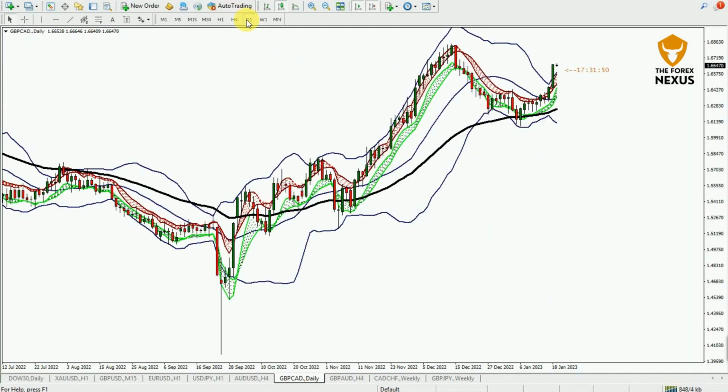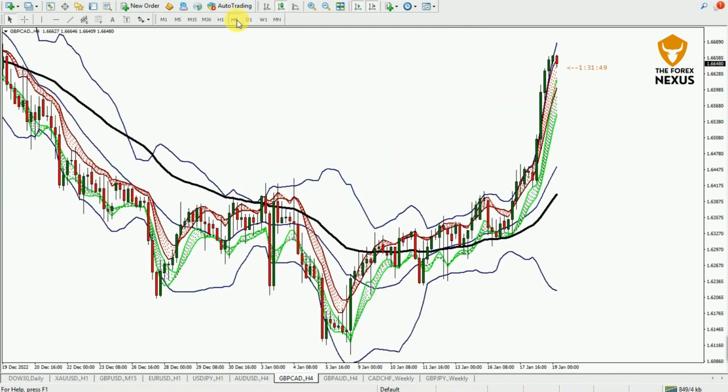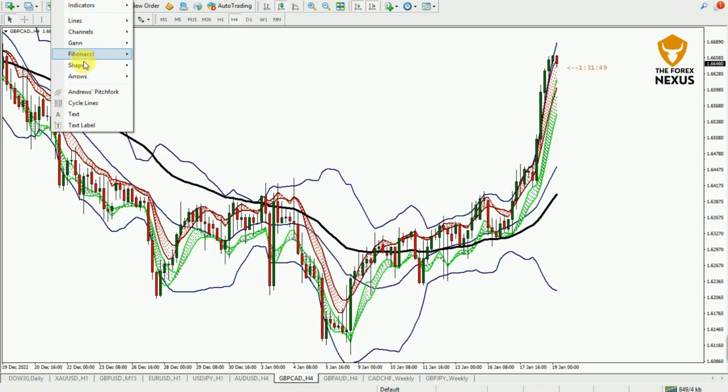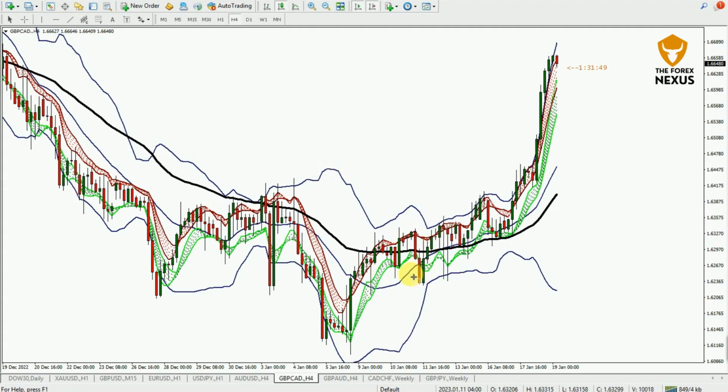Daily will be extreme, so here we can see the rejection from the lower band, extreme. On the H4 time frame we didn't get a clear extreme, but we got the market losing its volume here. At this point, now we will wait for a re-entry on the H4 time frame. It's a valid re-entry.